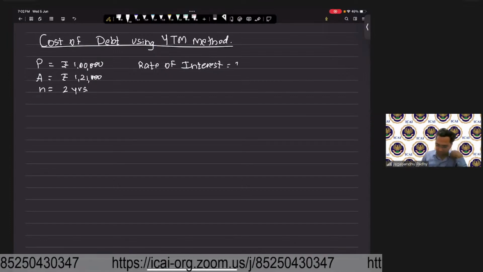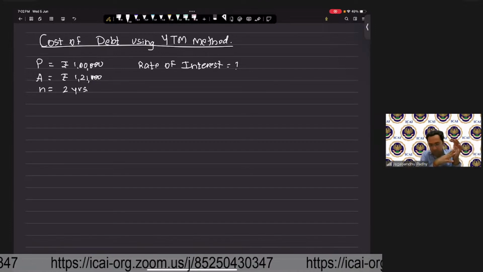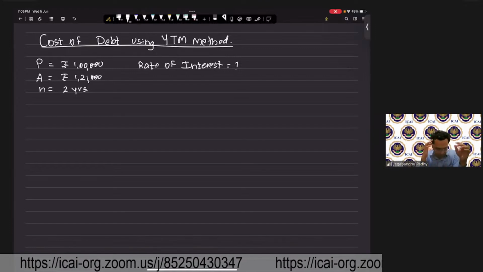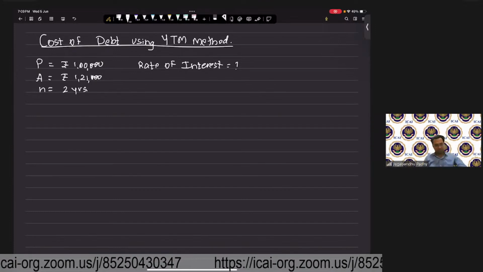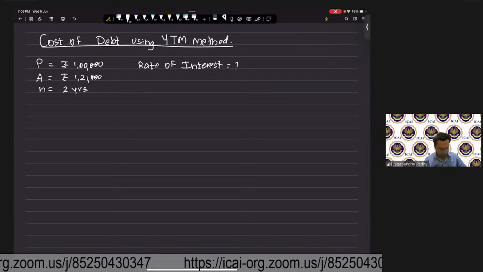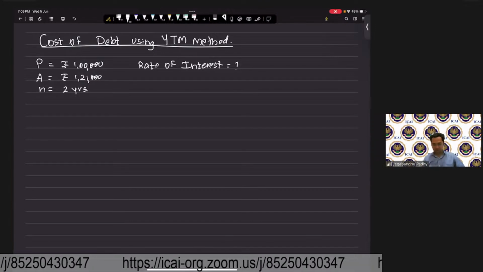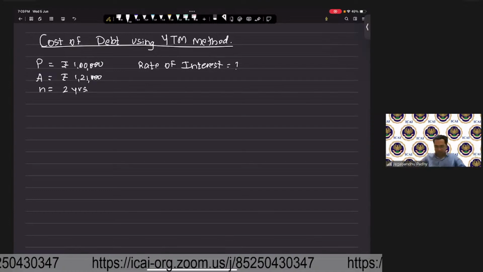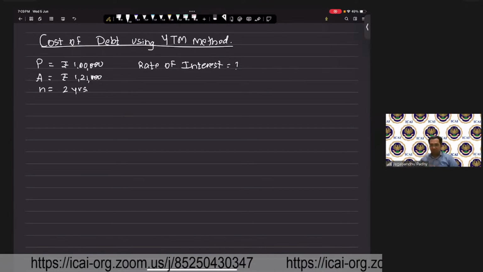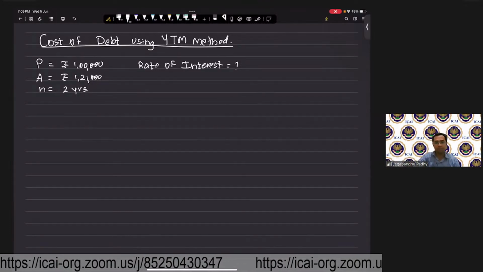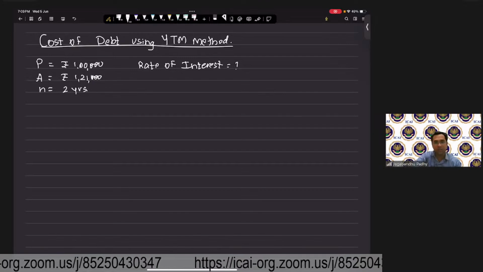I tell you that 1 lakh is the principal, the amount is 1 lakh 21,000, and the number of years is 2 years. What is the rate of interest?